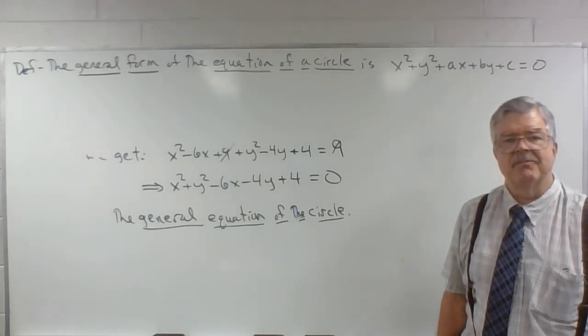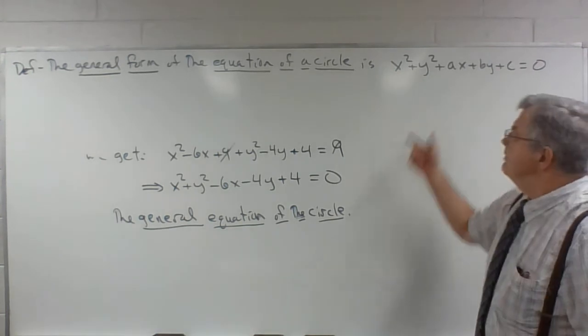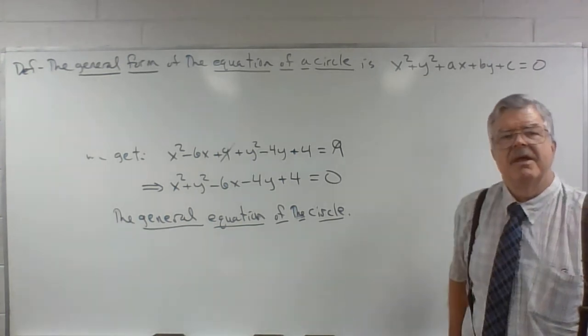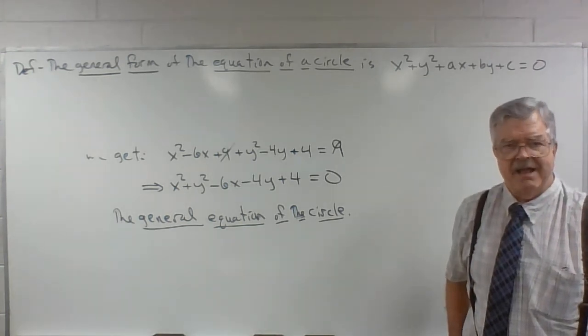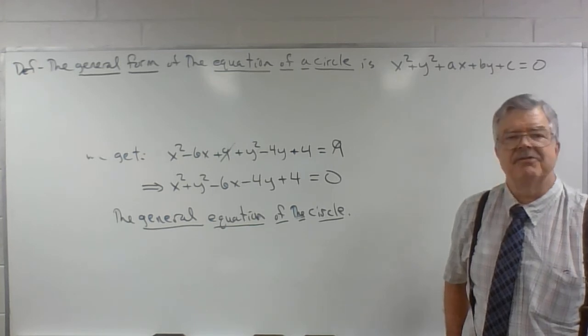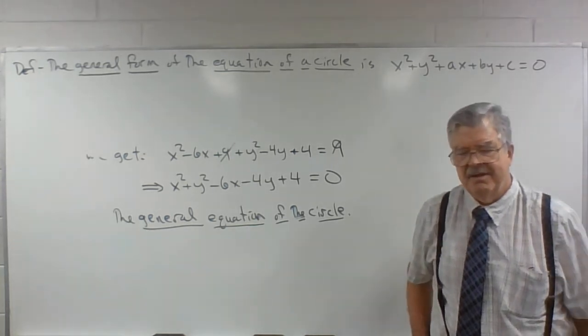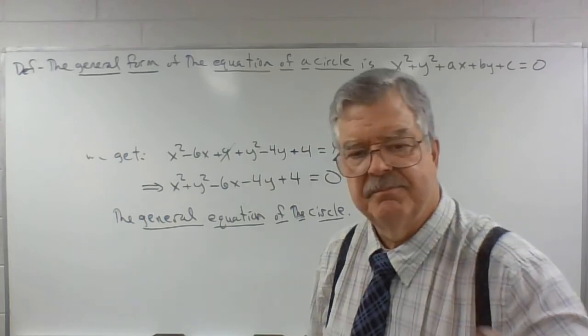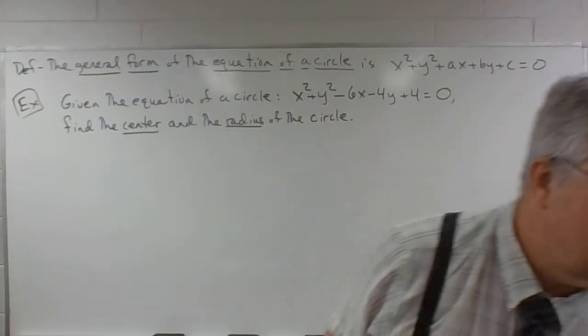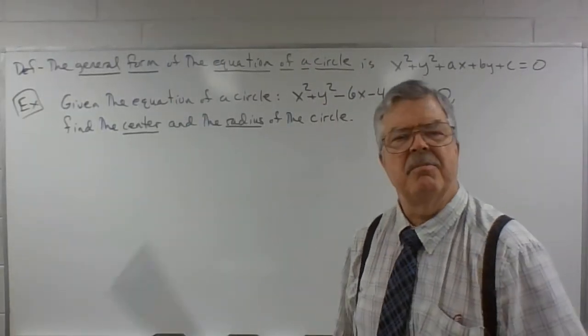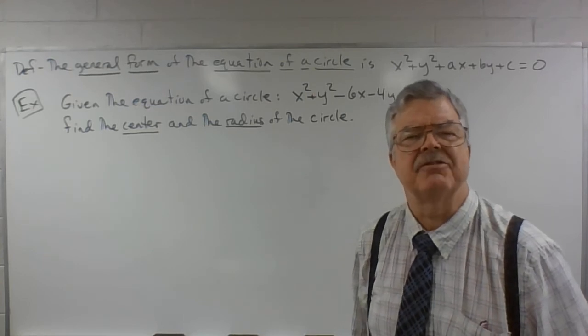But for homework, we're going to be given something like this, and we're going to be asked to find the center and the radius. Oh, goody. Here's a horrible exercise that they may actually make us do.